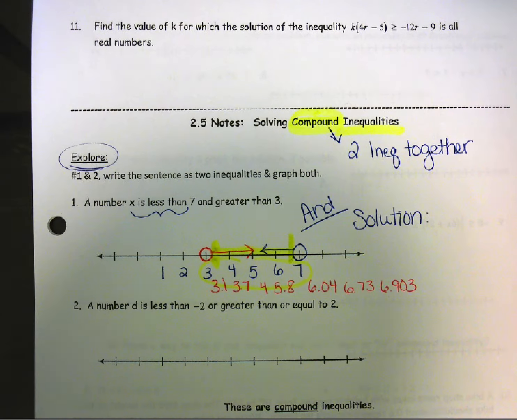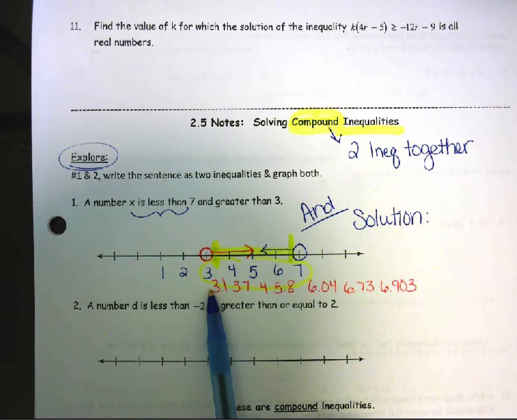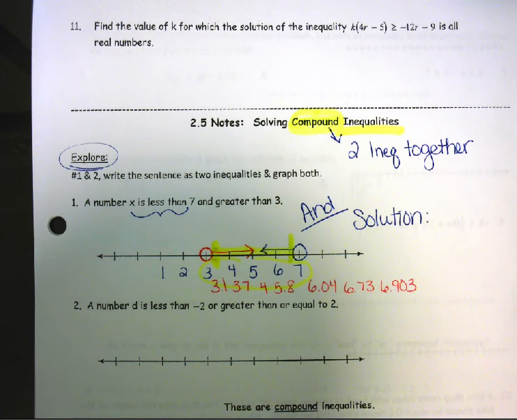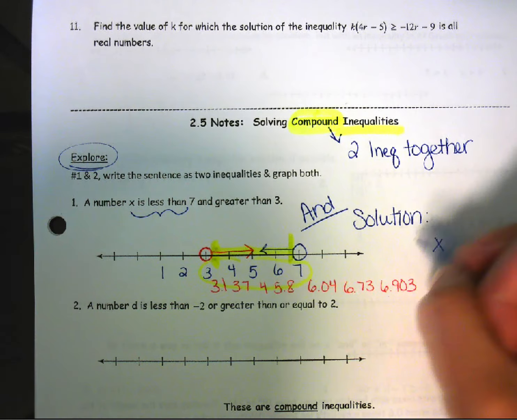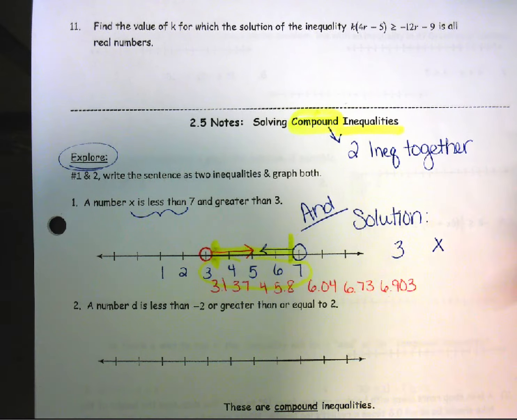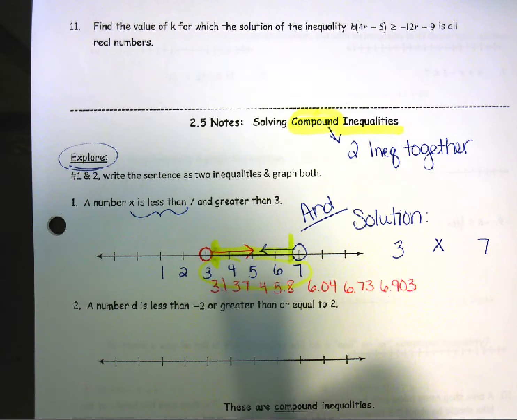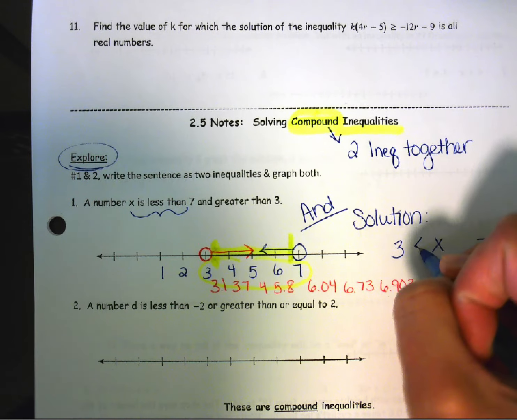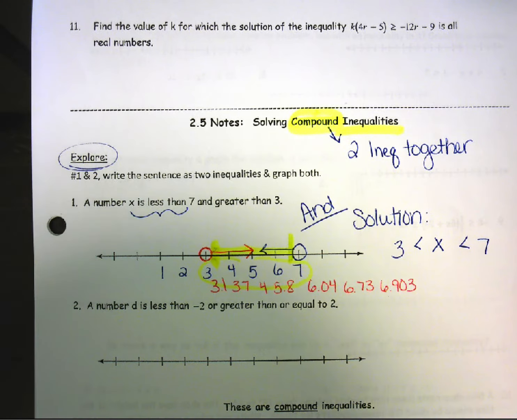An AND compound is basically saying everything from here and everything to here. So we're going to put our variable in the middle, our low number on the left and our high number on the right. See how it matches my graph? Then we point our symbols to the left. I know this sounds strange, but hang with me for a second.